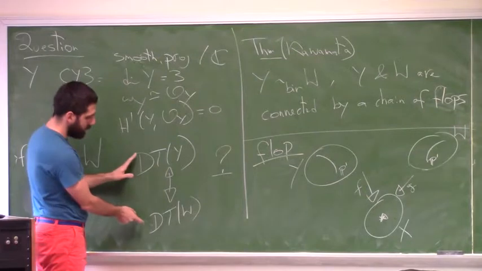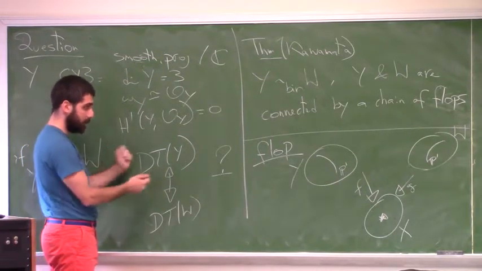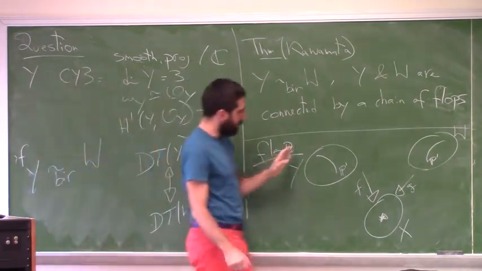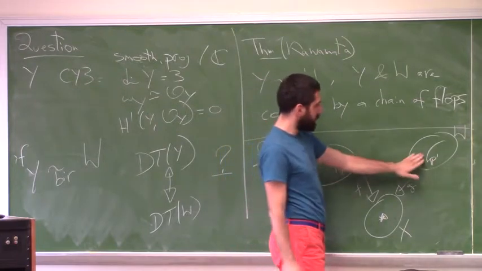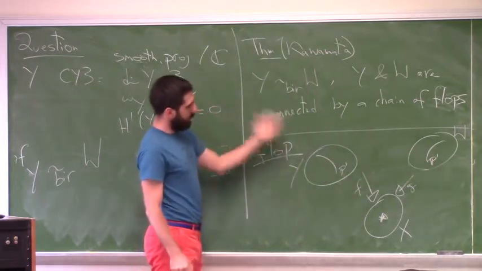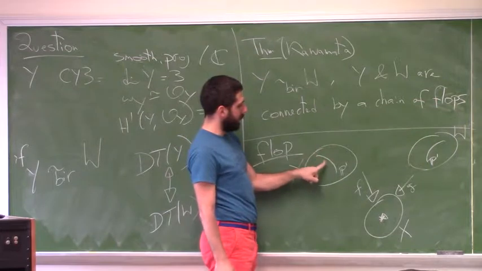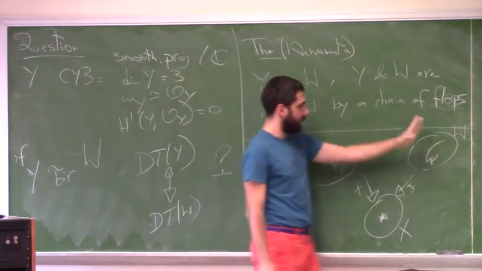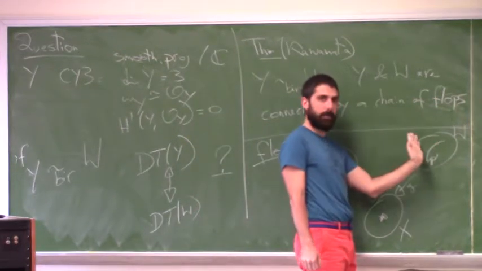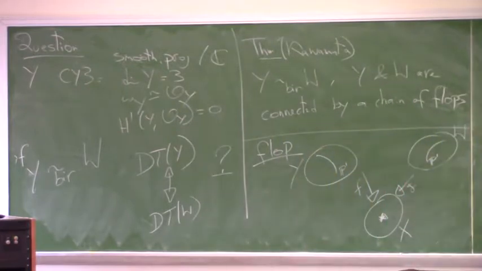The relationship between these two things has a chance of having a meaning, because I can relate the curve classes. And this is called a flop. Basically, whenever you have a divisor which intersects this curve positively, I take the proper transform of it, and it's going to intersect this curve negatively. But I don't want to spend too much time on this, because I'll give you a different perspective on flops using derived categories.